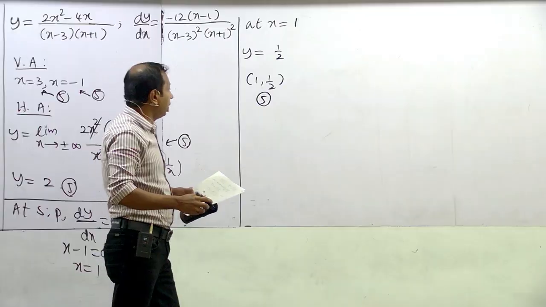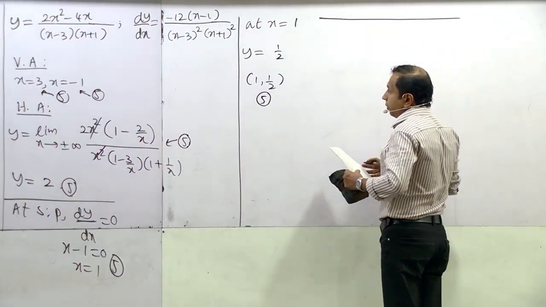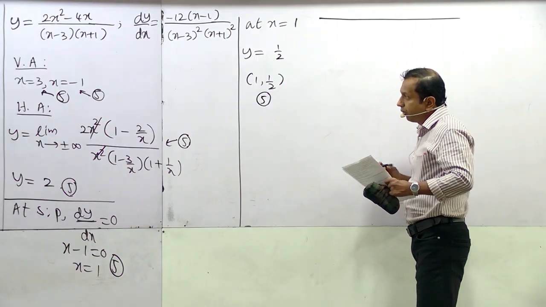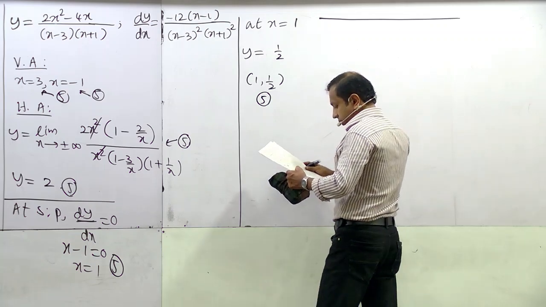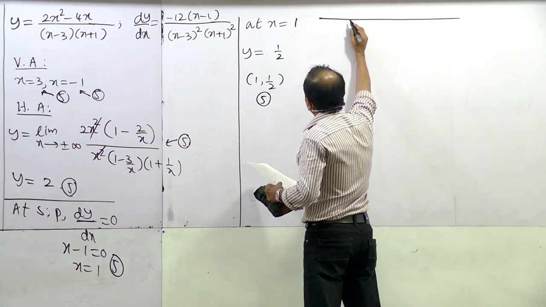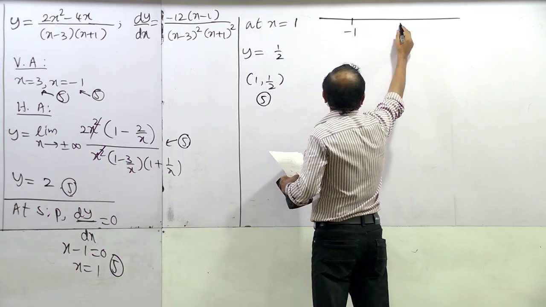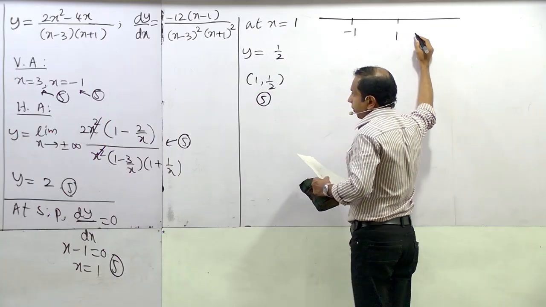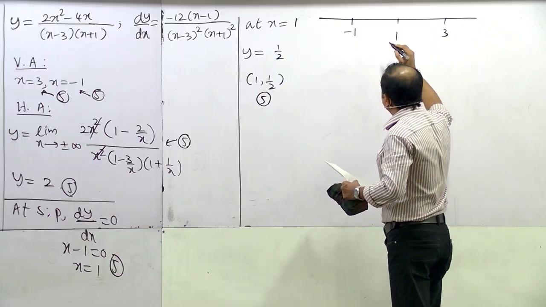Now we have to prepare the table. In the table, we have to put x values at the vertical asymptotes and x values at the stationary points. Then they are minus 1, plus 1, and 3. Right.